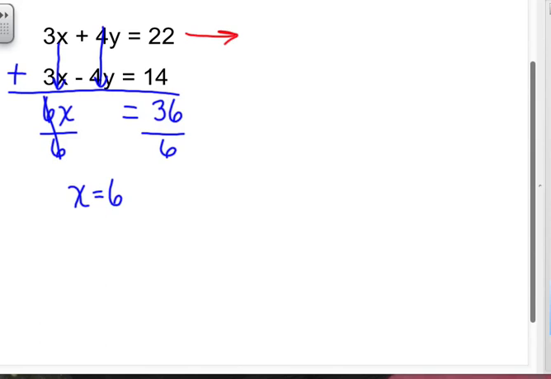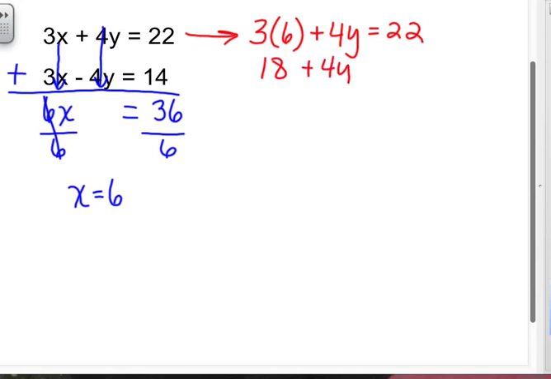It doesn't really matter which one you use. So 3x, and x is 6, so that's where I substitute that in. Plus 4y equals 22. So 3 times 6 is 18. I need to move that 18 over.